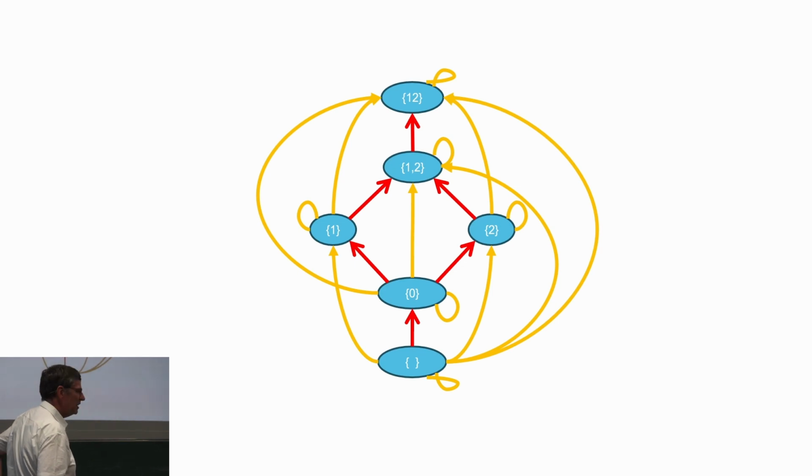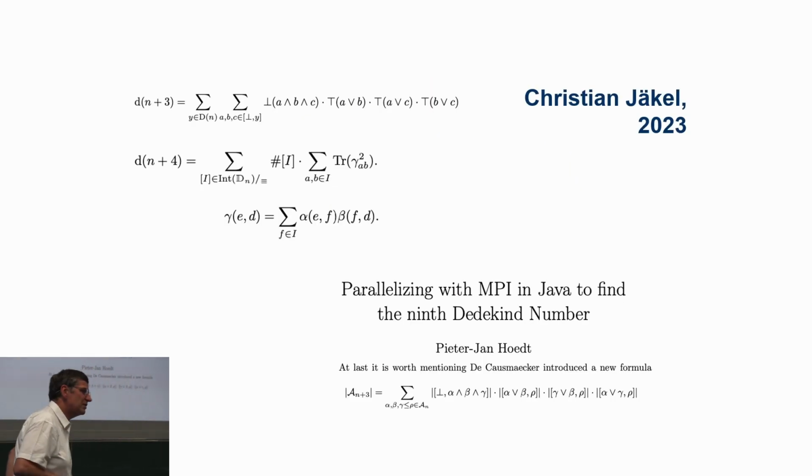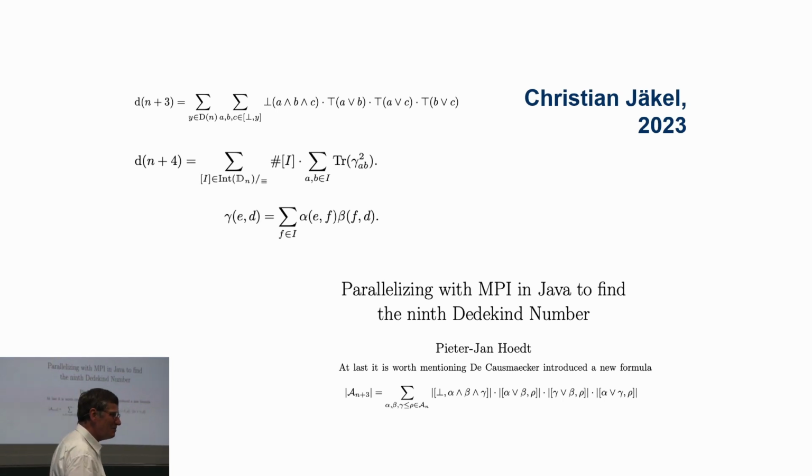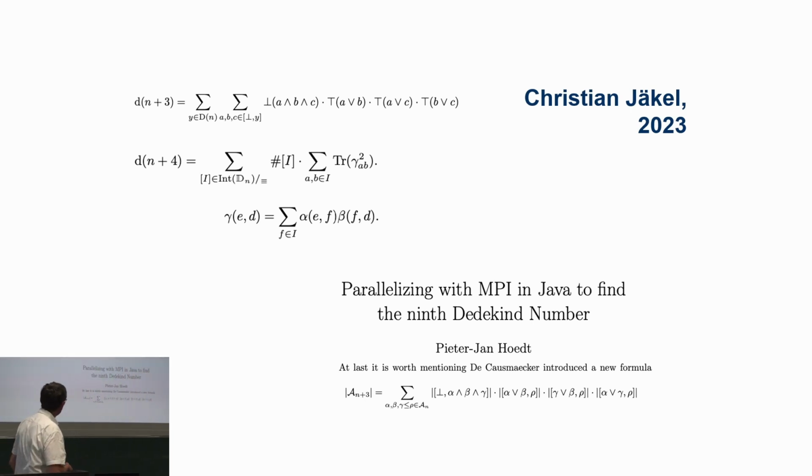And then on the 5th of April, I came across this name on the Online Encyclopedia of Integer Sequences. We were working on that paper, and I was consulting that website, and I saw that somebody was claiming to have computed A9, the 9th Dedekind number. And it was actually the case. Christian Jekyll at TU Dresden had published a result on arXiv and also sent it to the Encyclopedia on the 4th of April.